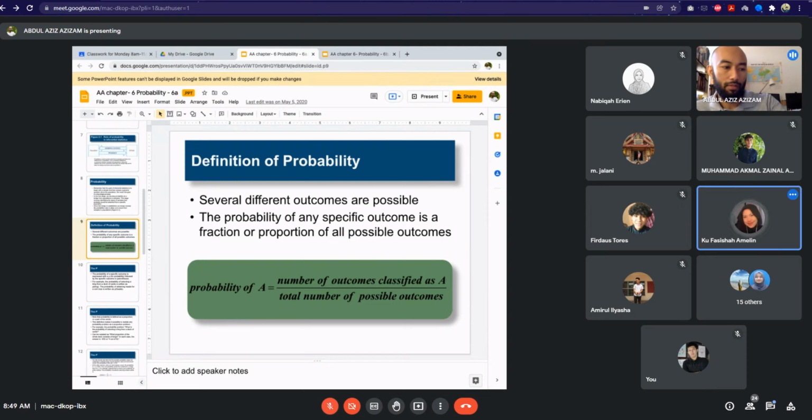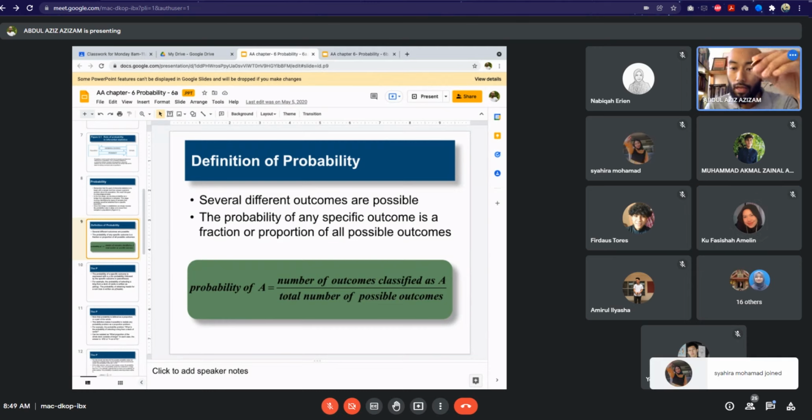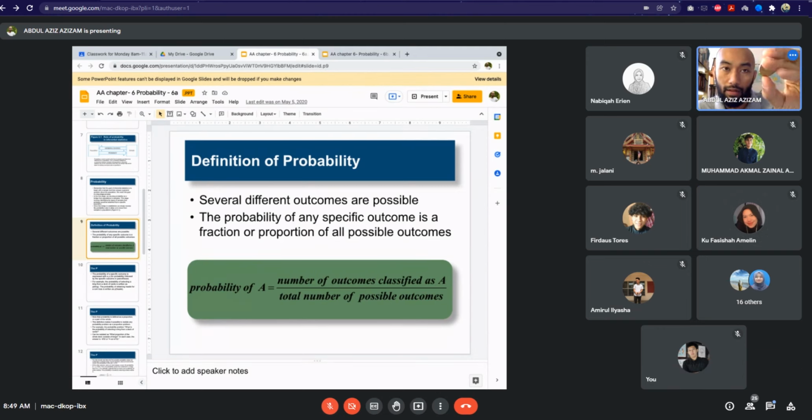Okay. If I chose this 100 times, what is the probability that I can get every time the picture, or every time I get the numbers? If I choose 100 times.